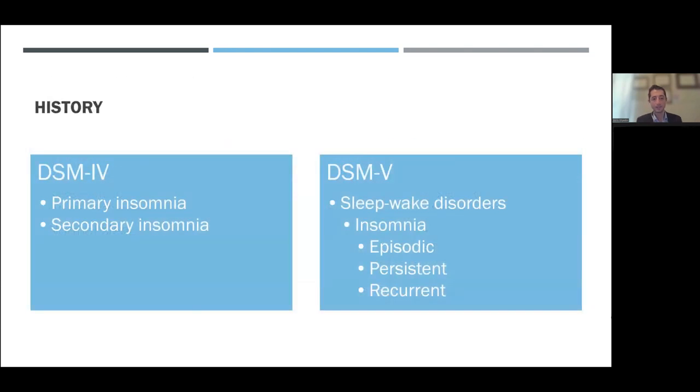So that's actually the history of arriving at these characterizations. You have DSM-4 and ICSD-2. DSM-4 splits insomnia into primary insomnia and secondary insomnia. DSM-5 breaks it down in terms of the time frame of symptoms, under the umbrella category of sleep-wake disorders, and you have insomnia episodic, persistent, or recurrent.